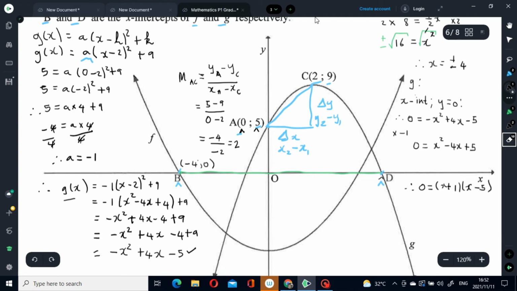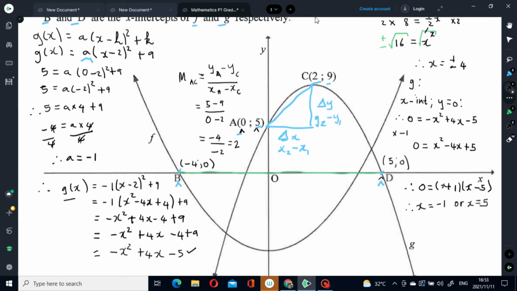Negative 5 and positive 1, and yeah, those work. So therefore x should give you negative 1, or x should be equal to positive 5. So quite evidently, the coordinates of D are positive 5 and 0.